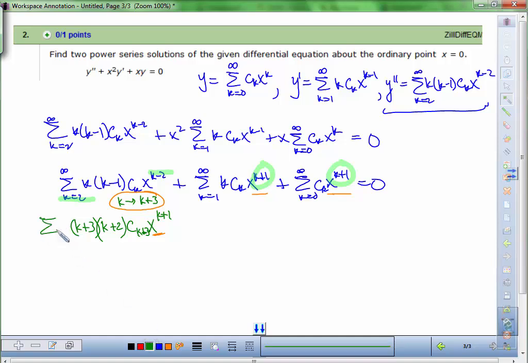Now, in shifting the inside of your series, you have to shift your index as well. Does that make sense?